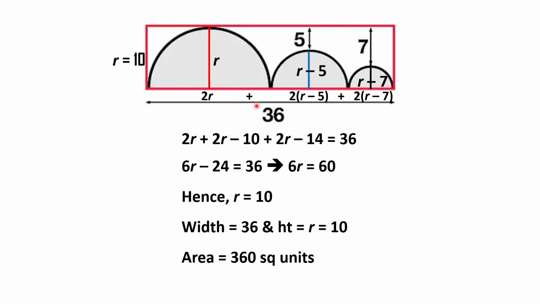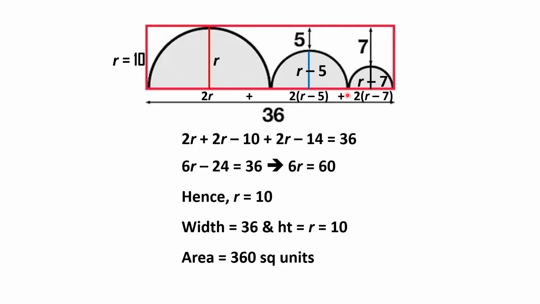So 2r plus 2r minus 10 plus 2r minus 14 is equal to 36, giving you r equal to 10.